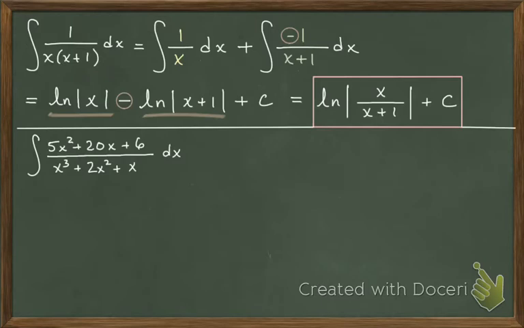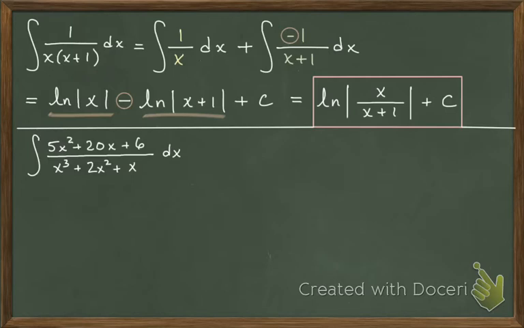Let's do another example. Here I've got 5x squared plus 20x plus 6 divided by x cubed plus 2x squared plus x. Okay, so I'm going to go through the same process a little bit quicker here. The first thing I notice is that the degree in the numerator is indeed smaller than the degree in the denominator. That's good. So that means I should be able to decompose things here and get something that's beneficial with partial fractions.